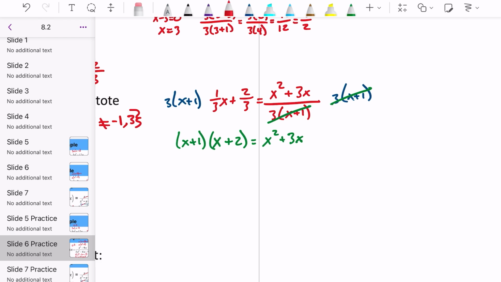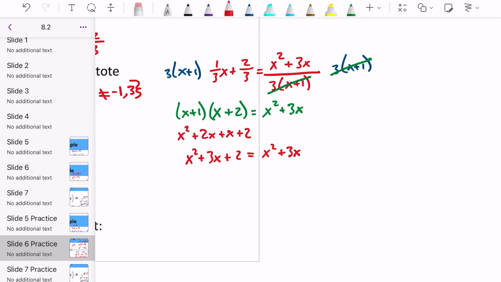We're going to FOIL our left side, which would leave us with x squared plus 2x plus x plus 2, x squared plus 3x plus 2 would be the simplified left side, and x squared plus 3x would still be on that right-hand side.